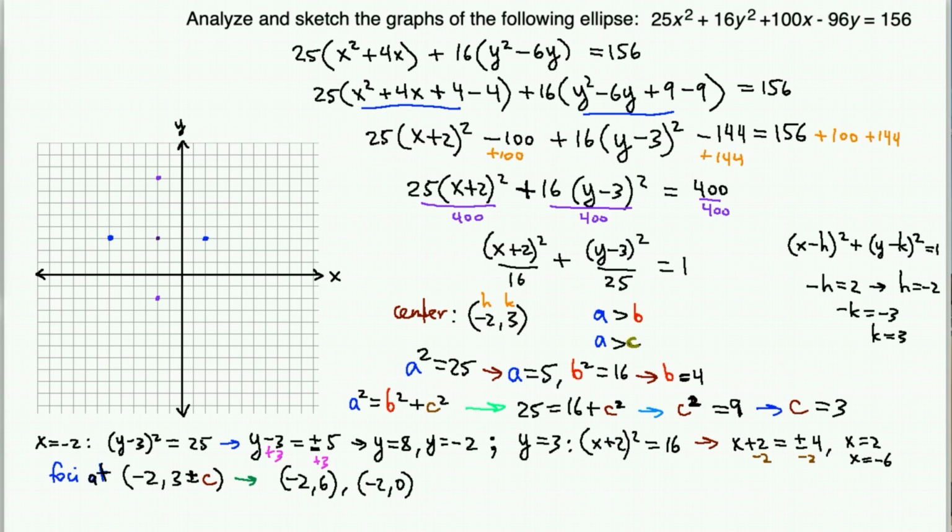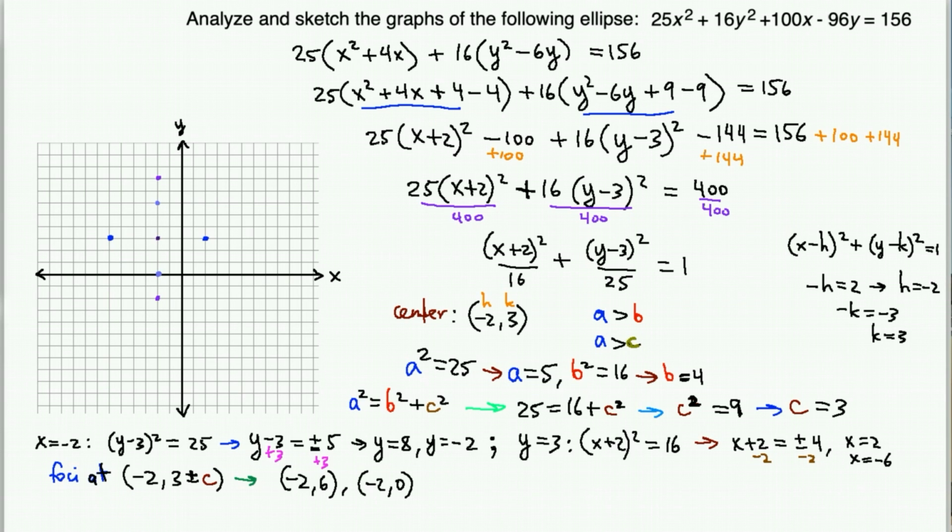So let's find those points. These are the Foci that we found. -2, 6. 1, 2, 3, 4, 5, 6. Beautiful. It's right here. And then -2, 0. Very good. That's here. So as you can see, the distance to the Foci should be absolutely the same. It should be 3 and 3.